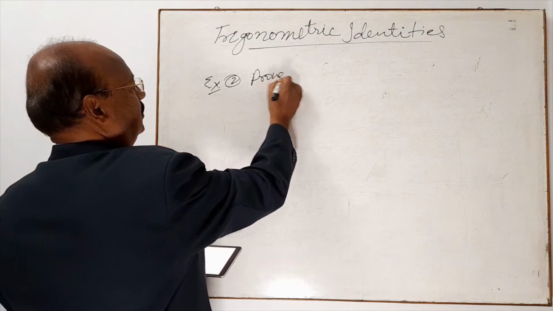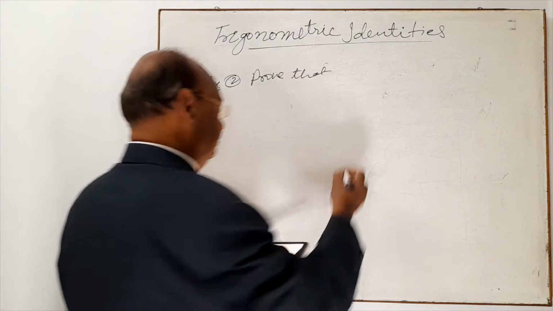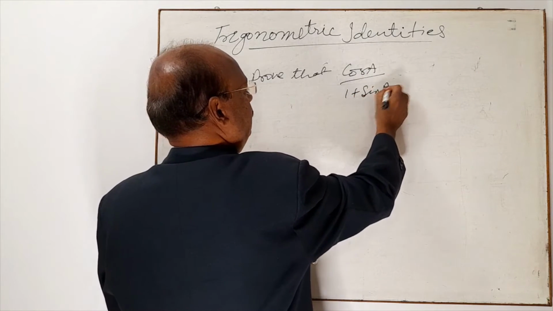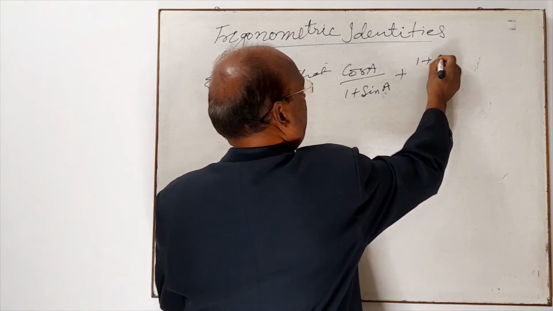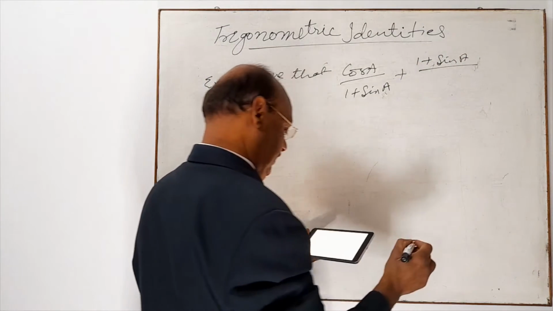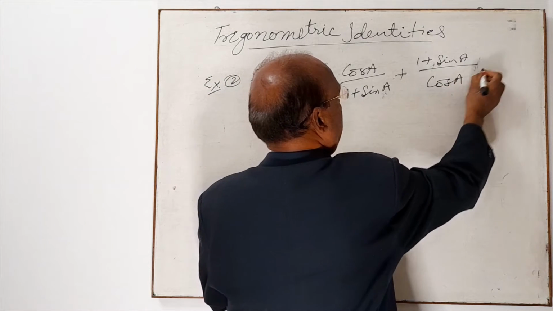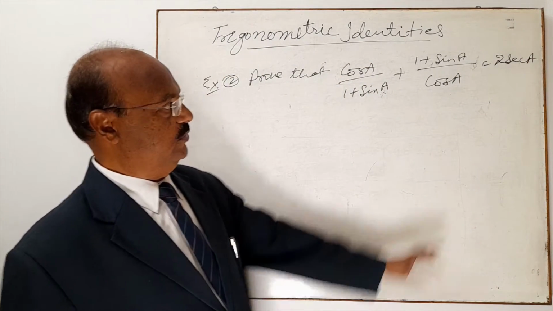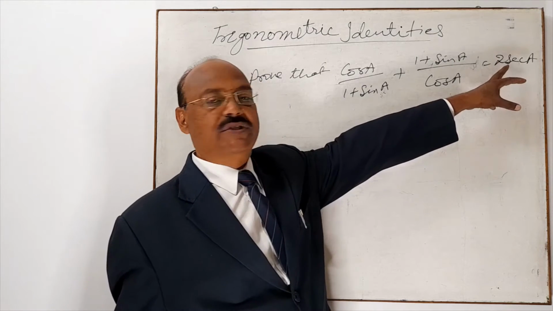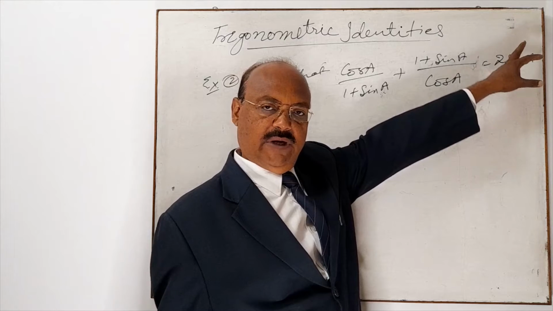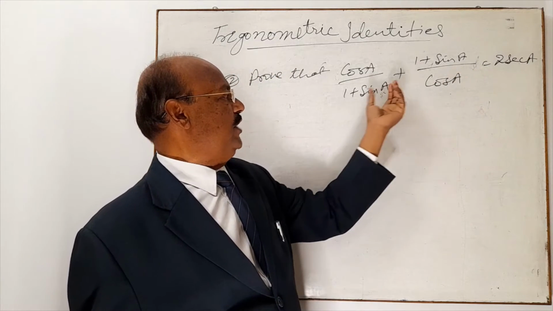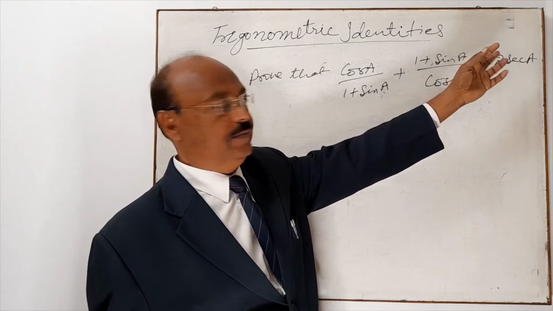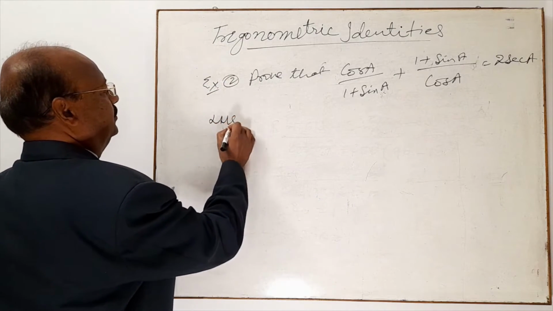Let us prove that cos A upon 1 plus sin A plus 1 plus sin A upon cos A is equal to 2 sec A. Here it is important to understand that the right hand side is 2 sec A, and sec A is 1 by cos A. Cos A is here, so we'll try to bring cos A here so that we could get sec A in the right hand side. So let us start with the left hand side.